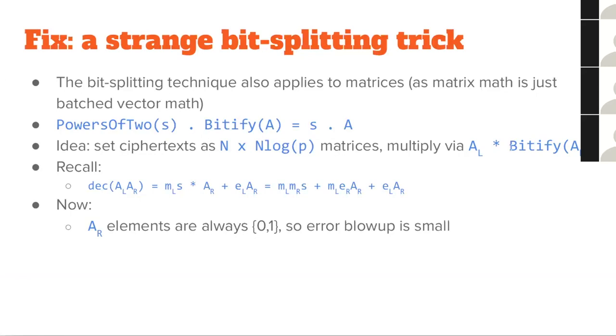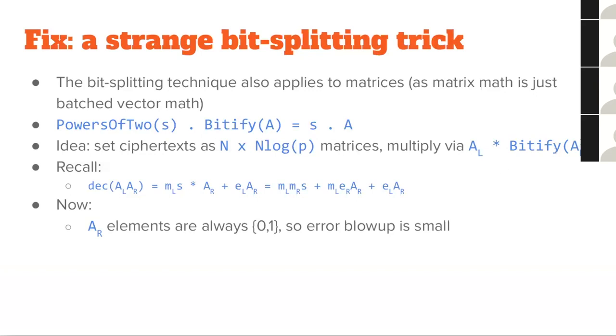So basically, you have these matrices that have the property that if you multiply them by powers of 2 of S, then you get powers of 2 of S. Here you have already squashed matrices, so if you multiply them by S, you get powers of 2 of S. And then if you take AL and expand it out as a bitified thing, then both bitified things have powers of 2 of S as an eigenvector.